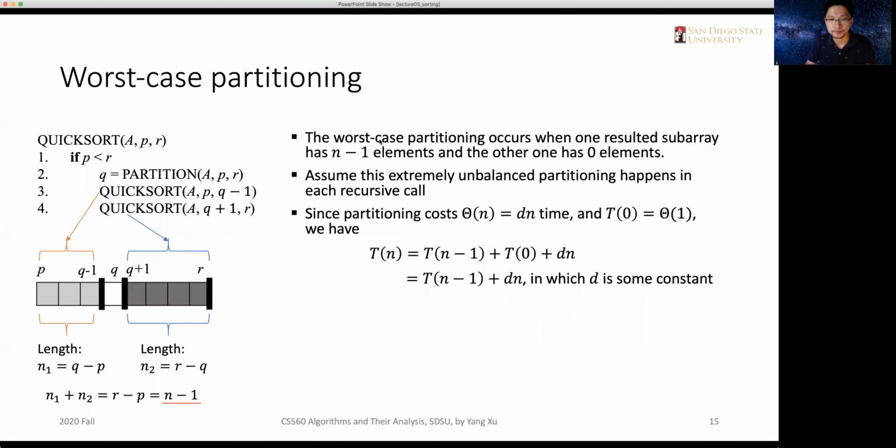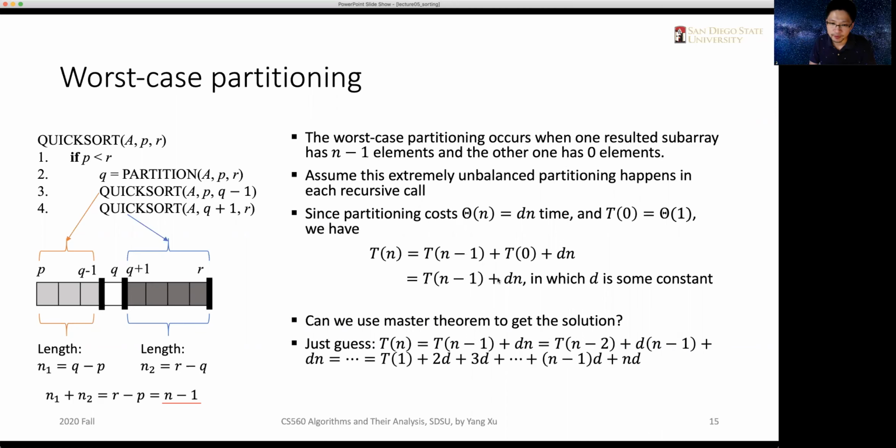All right, so our guess is that the final solution could be a quadratic function, because if we further split T(n-1) into T(n-2) plus d times (n-1), right? And further split T(n-2), then eventually we're gonna obtain something like this, right? This is a very typical arithmetic series times some constant d, okay?